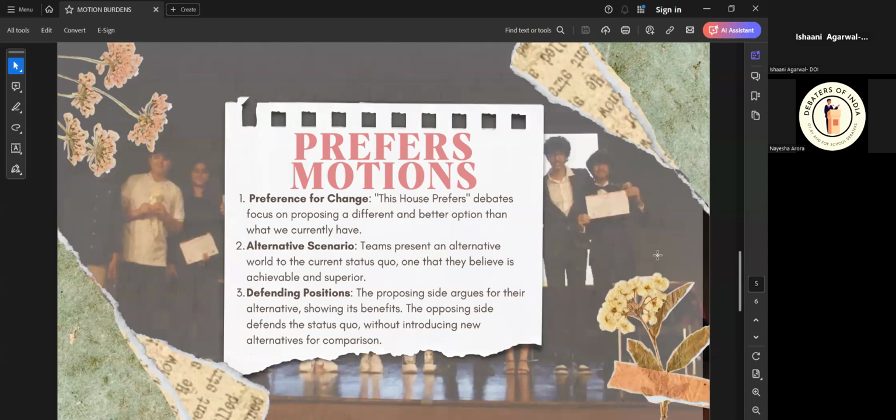Now, side proposition or government, what you have to do is that you argue for the alternative world, showing its benefits. Let's take an example here. This house prefers a parliamentary system over a presidential one. So, side proposition is going to talk about the benefits of a parliamentary system over a presidential one, talking about how in a parliamentary system you have elected representatives.